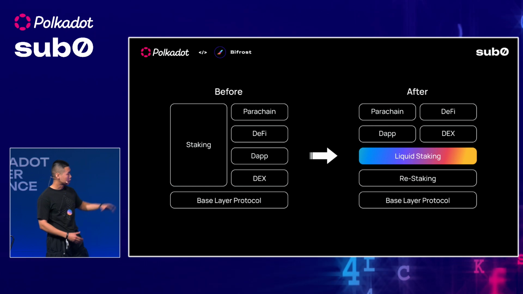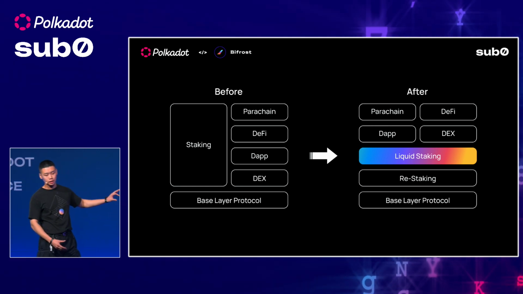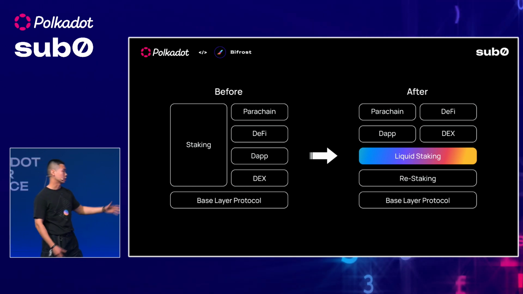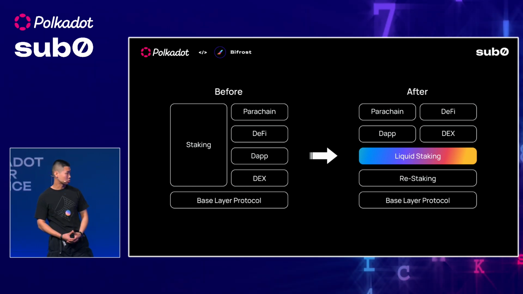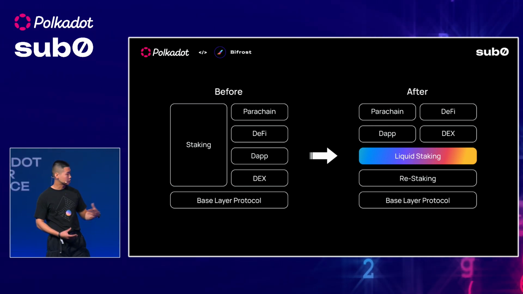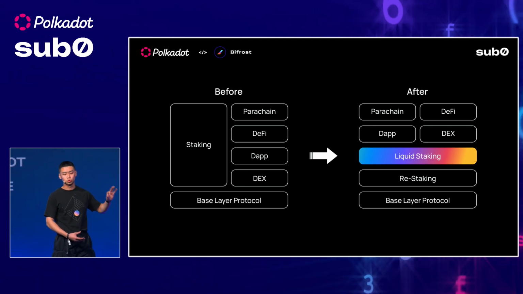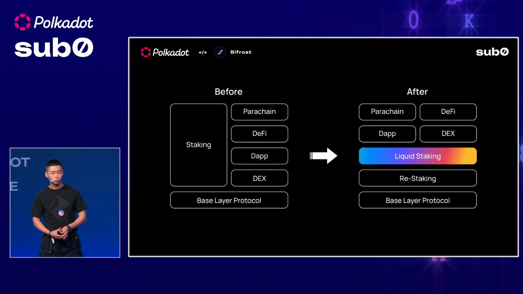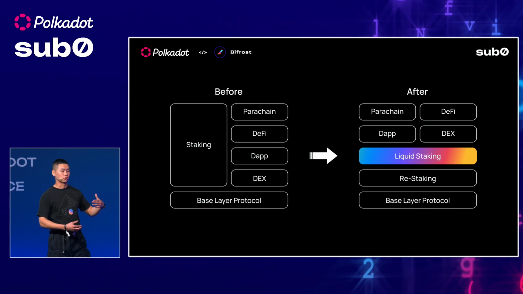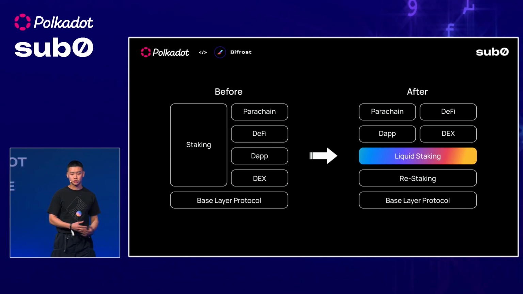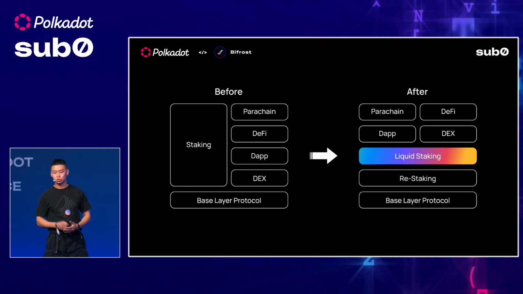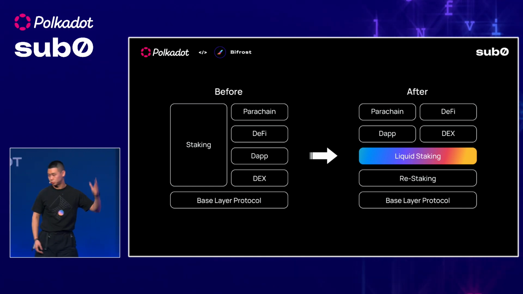But after that, we have liquid staking, which plays like a middle layer between applications and different layers. The most important part of a liquid staking token is the representation. The representation token gives you the opportunity to stake your assets while, at the same time, you can also jump into single applications or any layers. Beyond liquid staking, there are restaking paths and different layers of protocols.